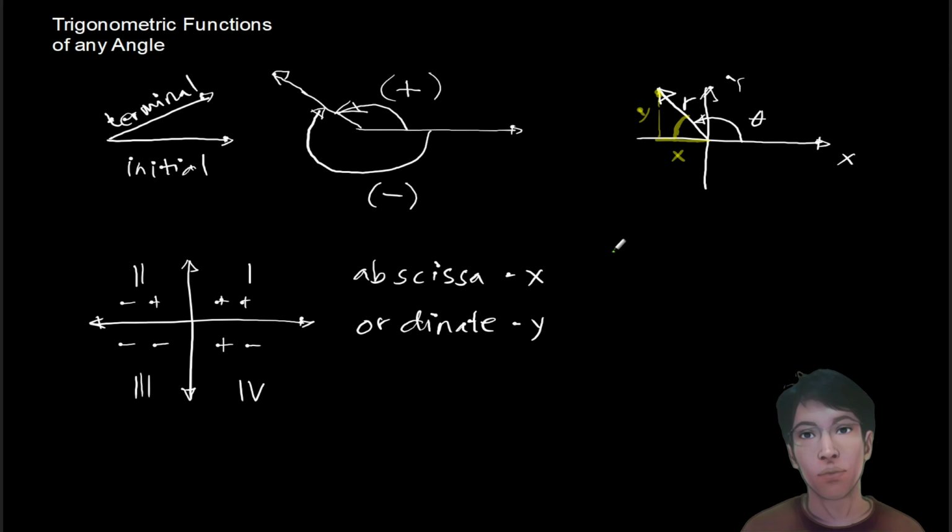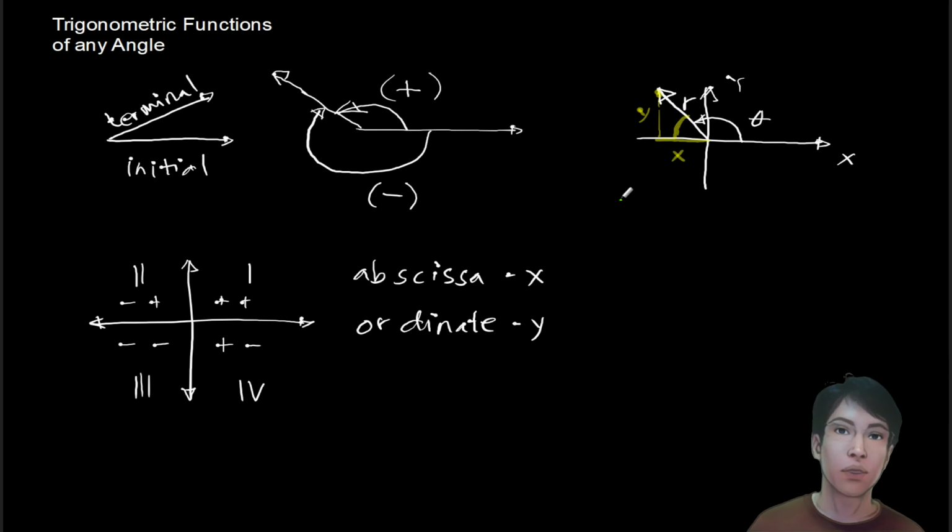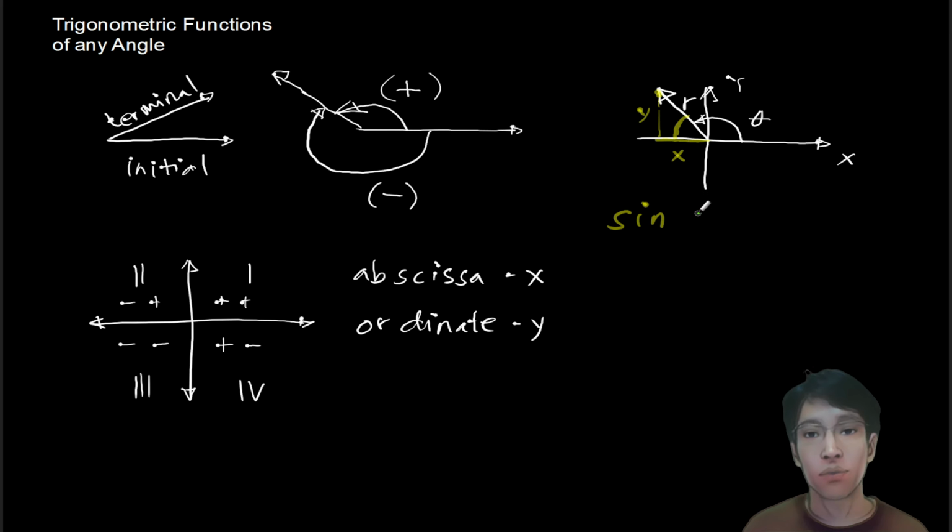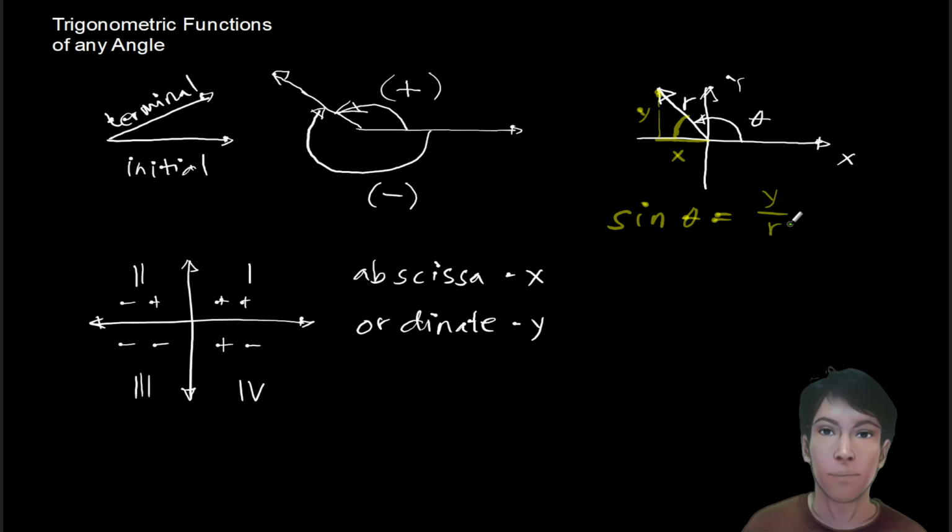We can see that sine theta is actually the sine of your reference angle. So this is your reference angle, and the sine of the reference angle, as I've said, is actually your sine theta, and that is y over r.